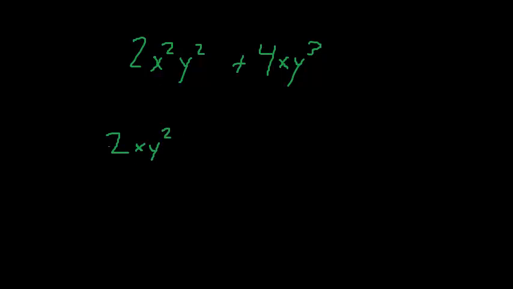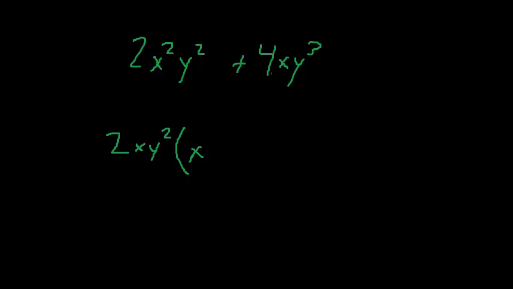So pulling this greatest common factor out of each of these terms, right? Pulling out that 2 leaves me with a factor of 1, x squared. Taking out an x leaves me with 1x left, and I do not need to write that coefficient of 1, I can just leave it as x. And then y squared, pulling out that y squared, so no more y squared in that term.